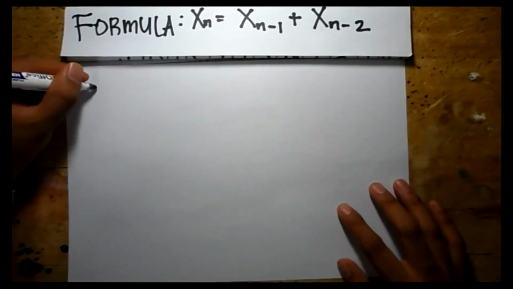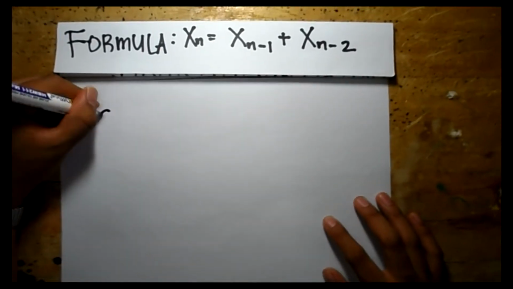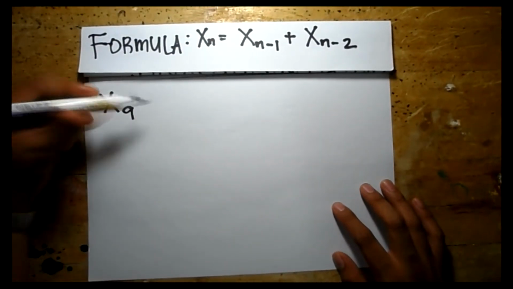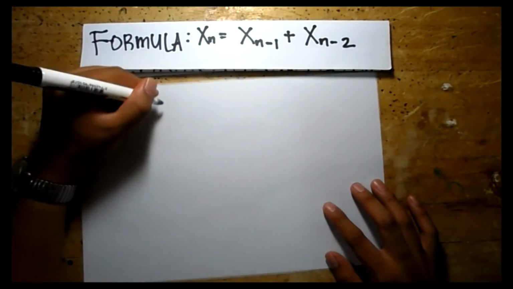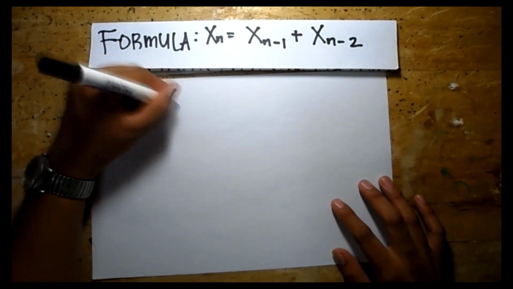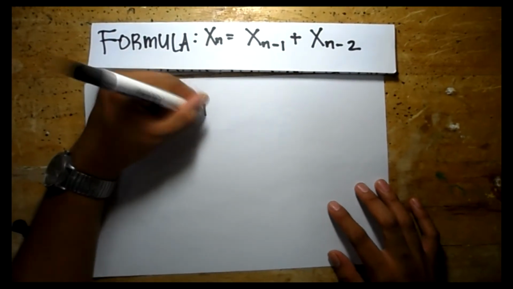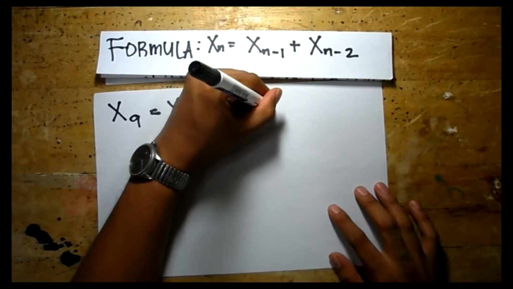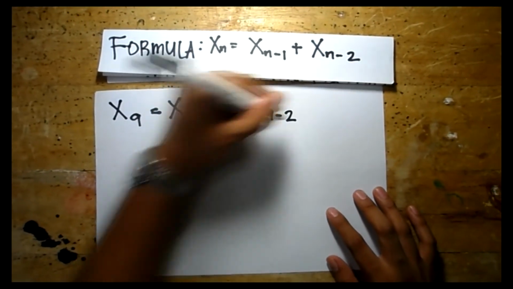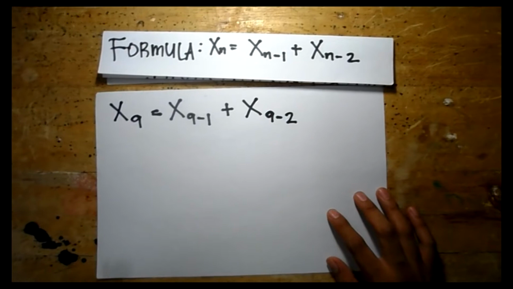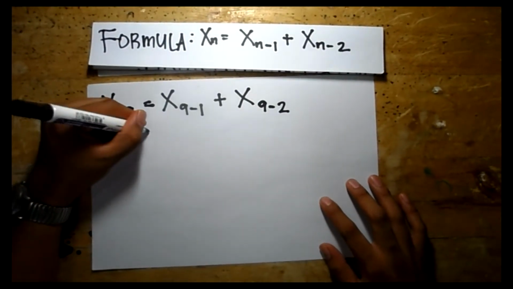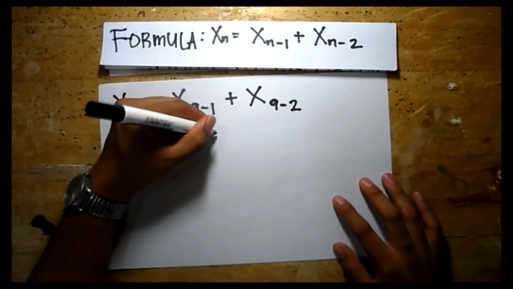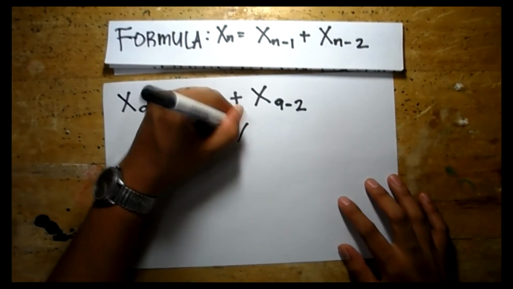For example, in Fibonacci, we will compute term 9 by replacing n with 9, so it would be x sub 9. By following the rule method, x sub 9 is equal to x sub 9 minus 1 plus x sub 9 minus 2, which will be x sub 9 is equal to x sub 8 plus x sub 7.